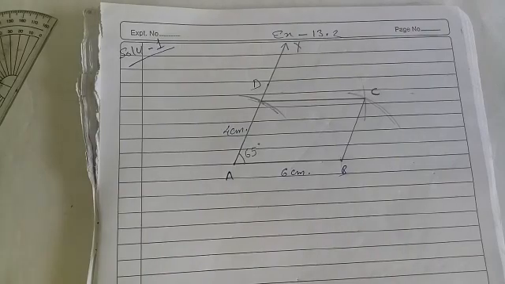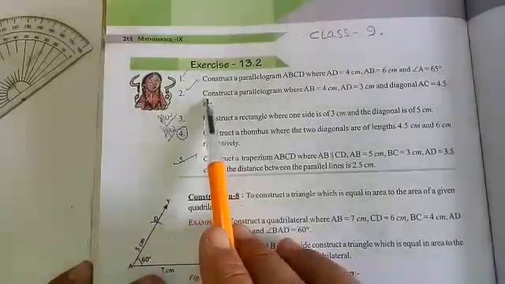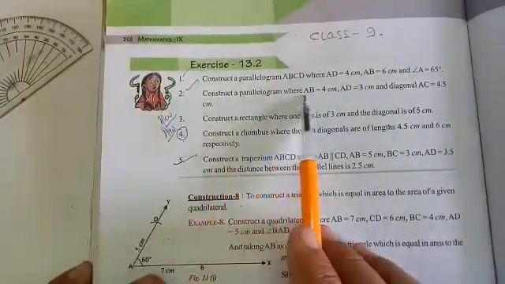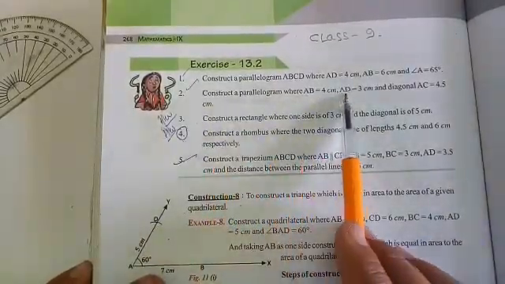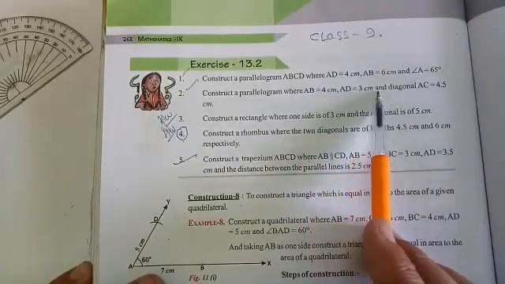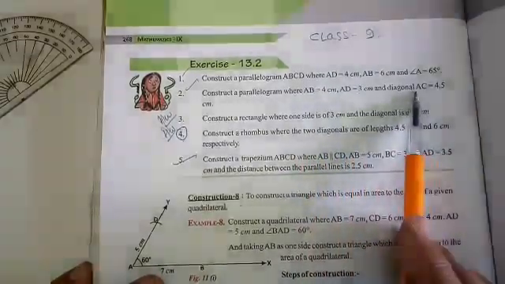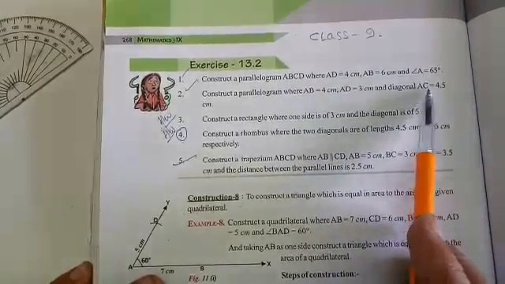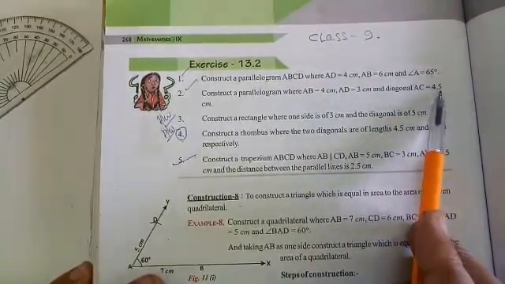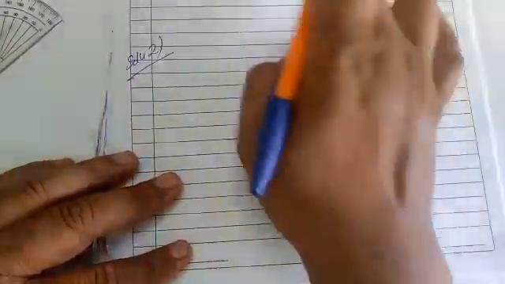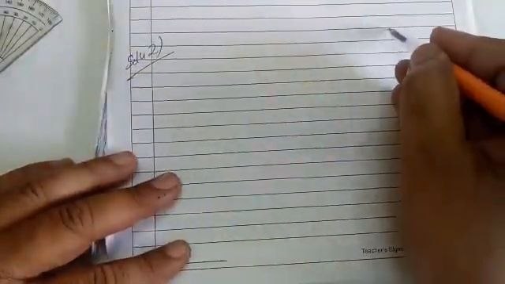Is it clear? Now see question number 2. Construct a parallelogram with AB 4 cm, AD 3 cm and diagonal AC 4.5 cm. In this, the diagonal is given, the angle is not given. Just draw a rough drawing as you did in class 8. We know a parallelogram will be more or less like this.